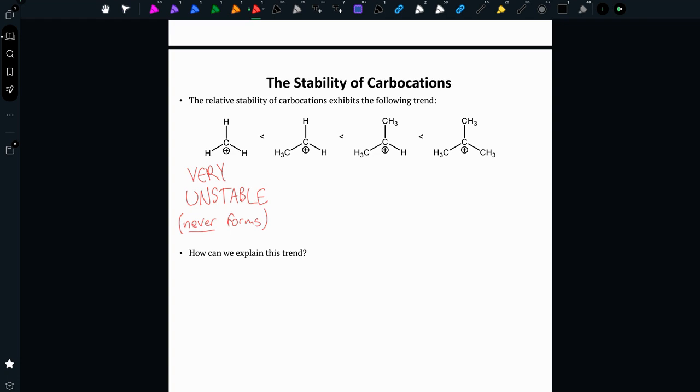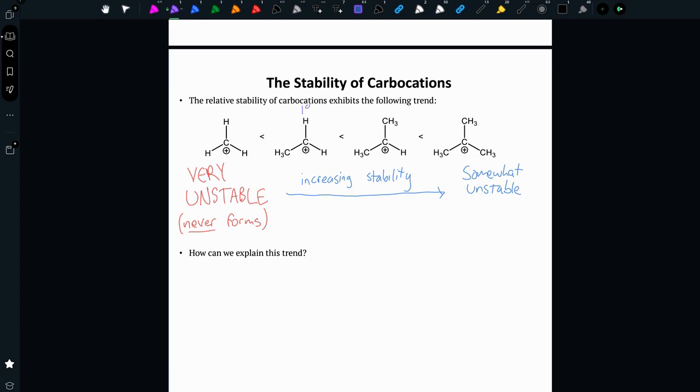As we add substituents, our carbocations get somewhat less unstable, to the point where a tertiary carbocation is still unstable, but not ridiculously so.